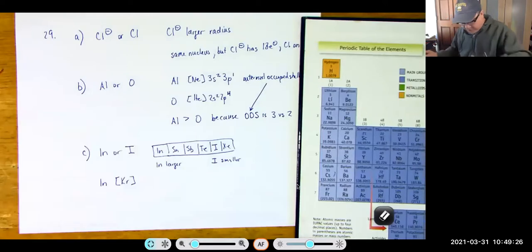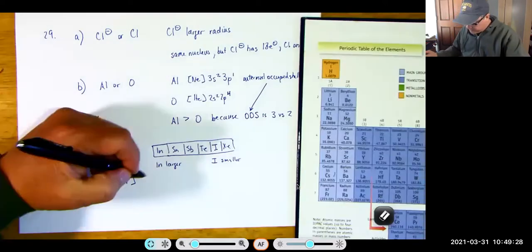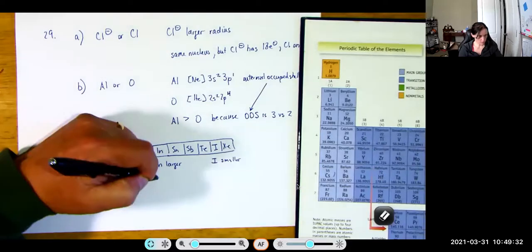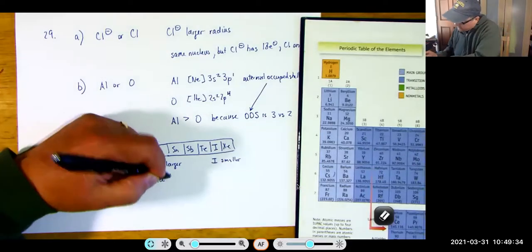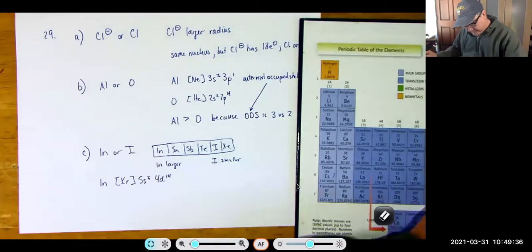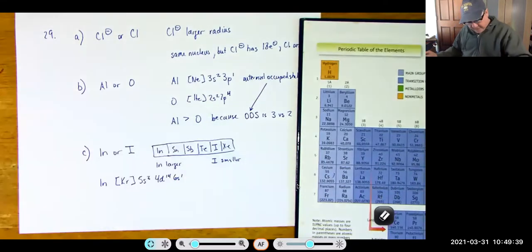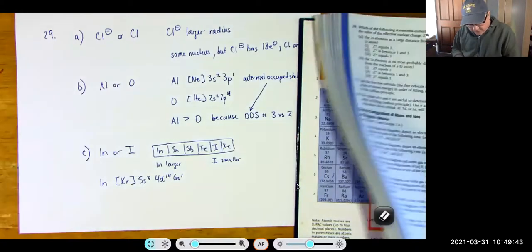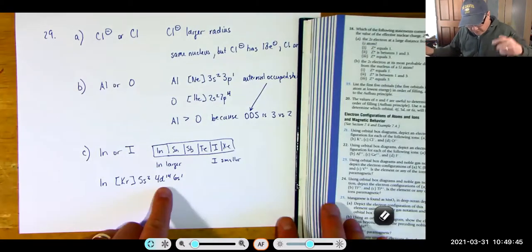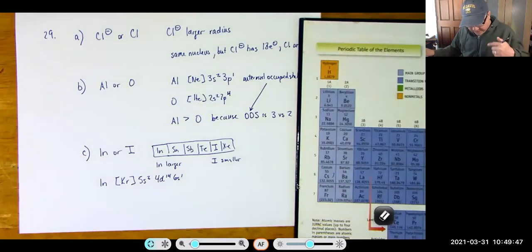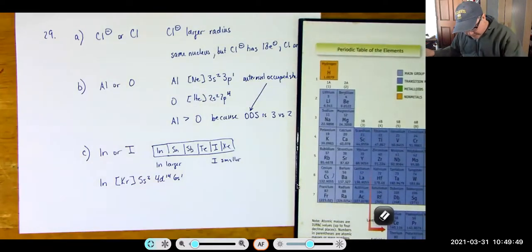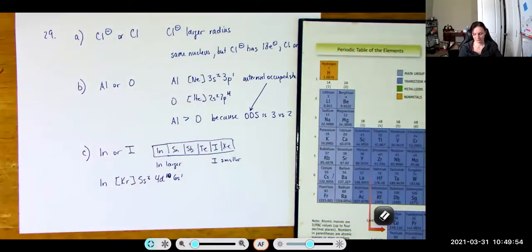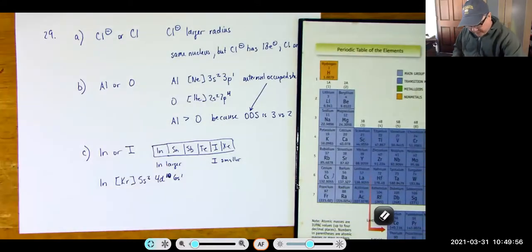And then going across, we get 5s2, 4d14, and 6s1, right? Yeah. And when we rearrange this, why did I put 4d14? 4d10, right? Yeah. Okay.